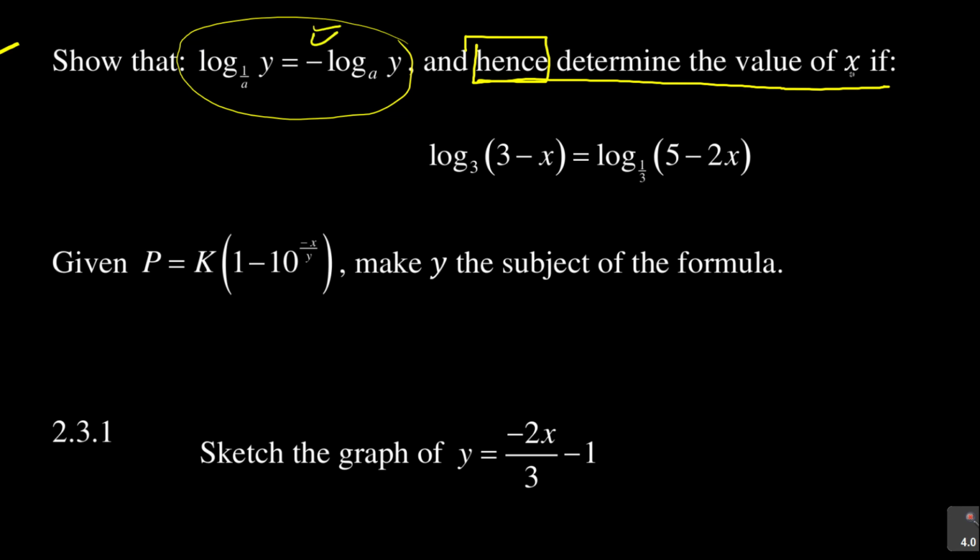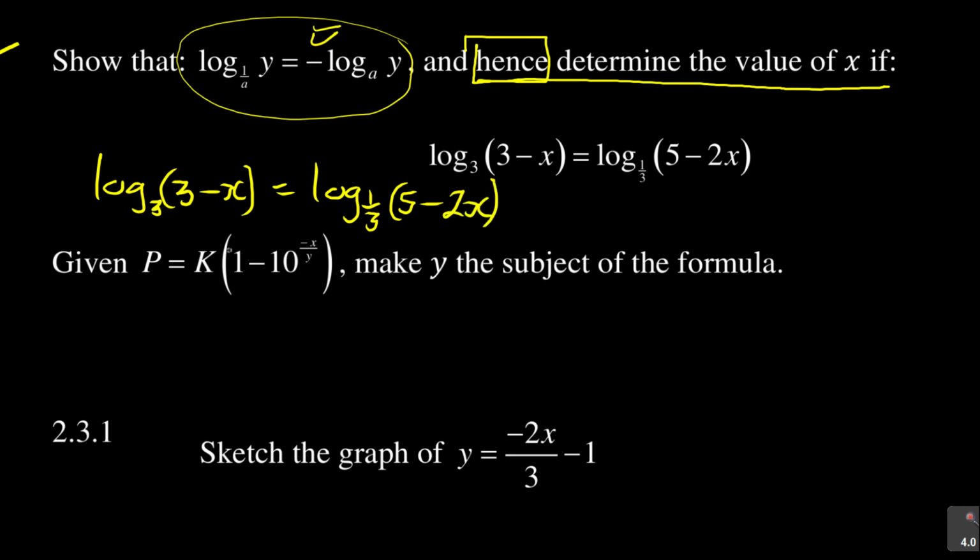It says hence determine the value of x if you are given now this one: log base 3 of (3 minus x) is equal to log base 1 over 3 of (5 minus 2x). So hence determine the value of x.